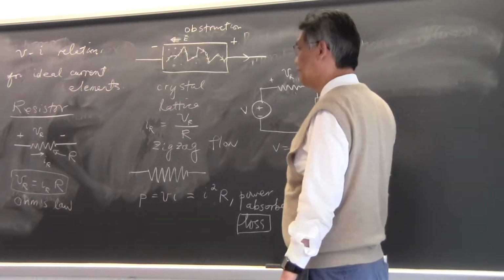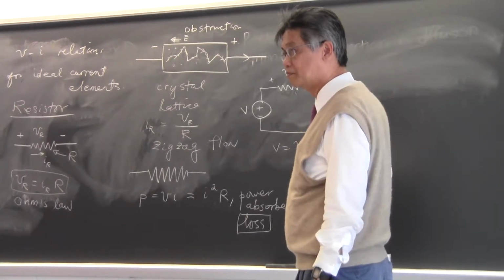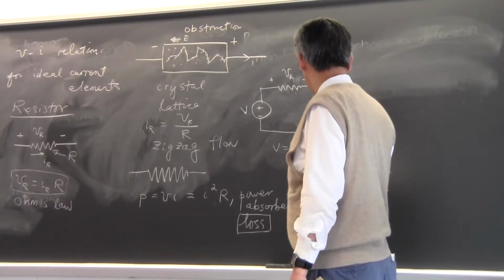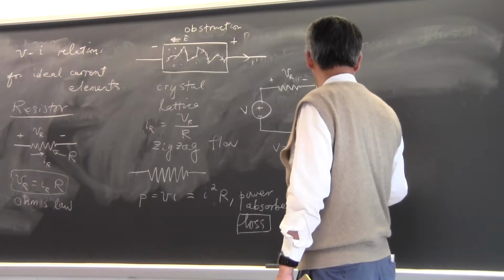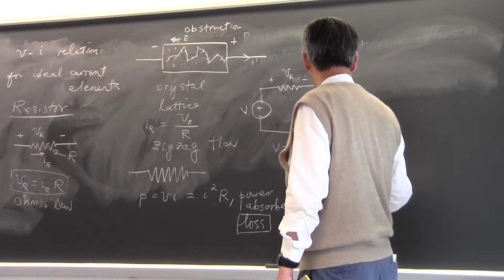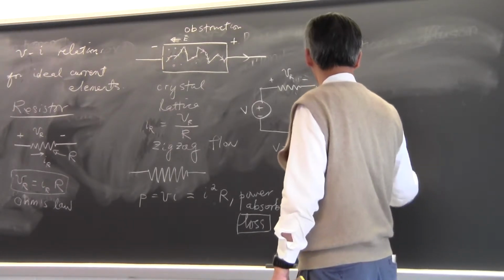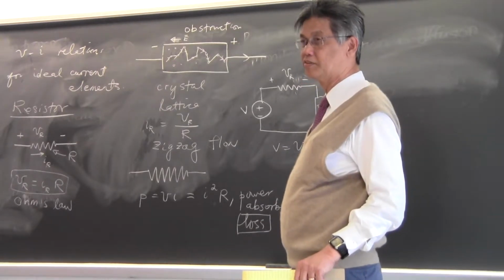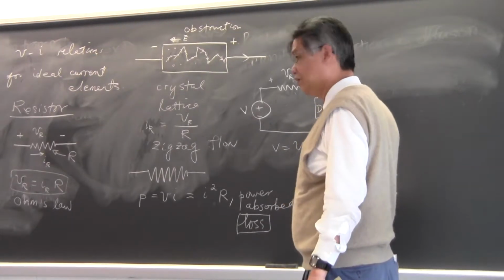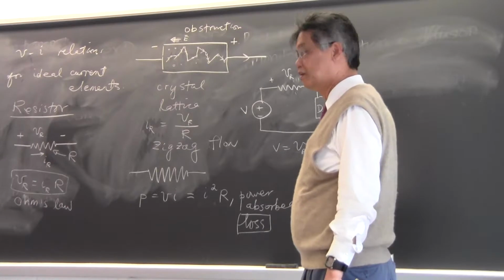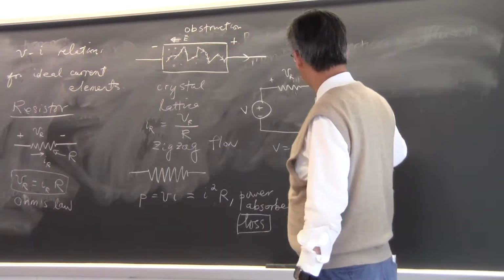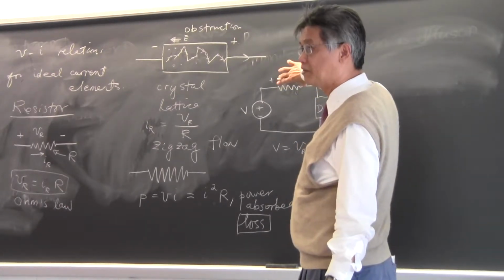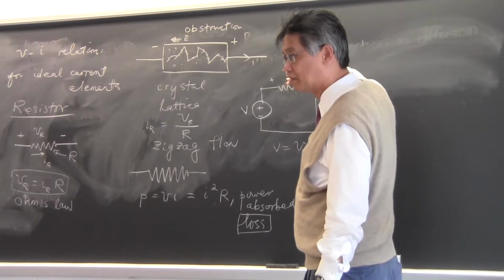And if this device has a resistance to it, the current flow through the device will be given by VD over R of the device. Say it has an internal resistance. And you can control the current flowing through your device by adjusting what resistors you connect in series with this device.